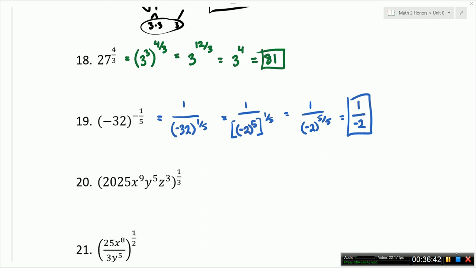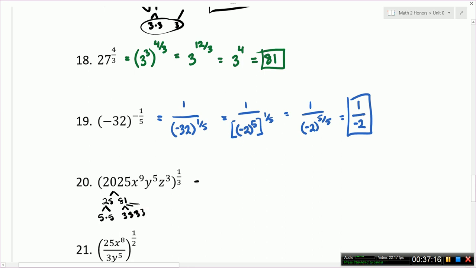Number 20. We have a big number, 2025, which we can guess is divisible by 25 because it ends in 25. And it is. It's 25 times 81. 25 is 5 times 5, or 5 squared. 81 is 3 times 3 times 3 times 3, or 3 to the 4th power.